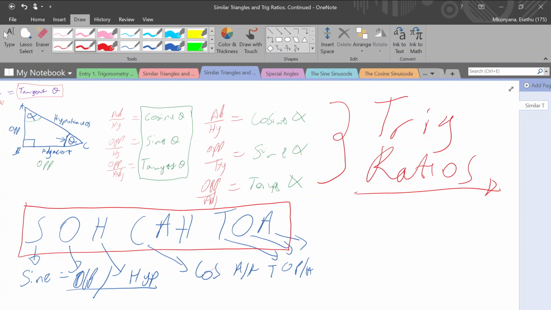But that started with the right angle triangle, and it started with ancient Greek people and Babylonians wanting to use triangles to make measurements. And then they realized that the simplest triangle to work with is the right angle triangle. They developed this using the concept of similar triangles. There are a lot of different concepts you can use to develop trigonometry, but I like the concept of similar triangles.